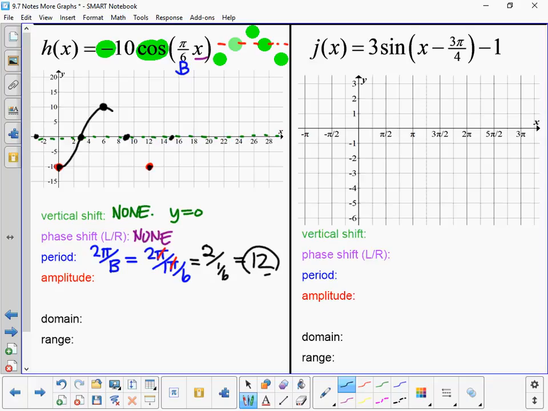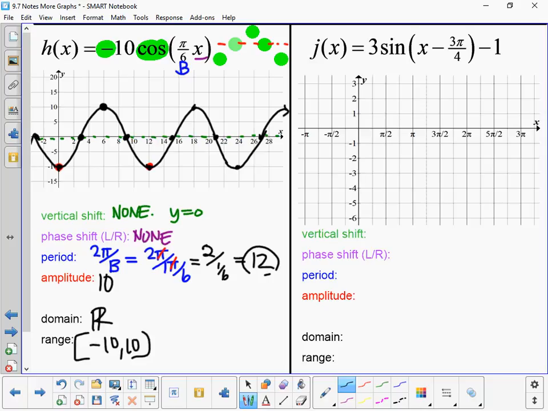Here's one cycle, and we can just extend that pattern to fill our coordinate grid. There we go. There's our cosine. So the domain is all real numbers, and our range is from -10 to 10.